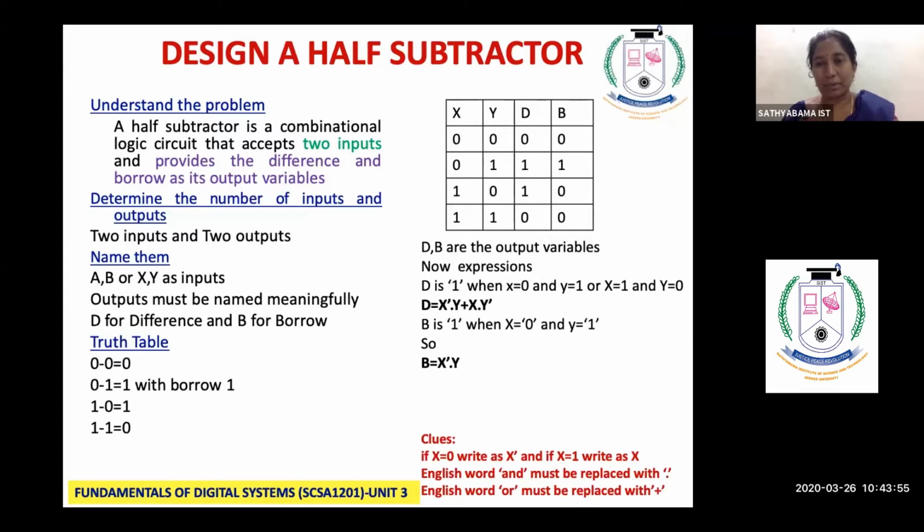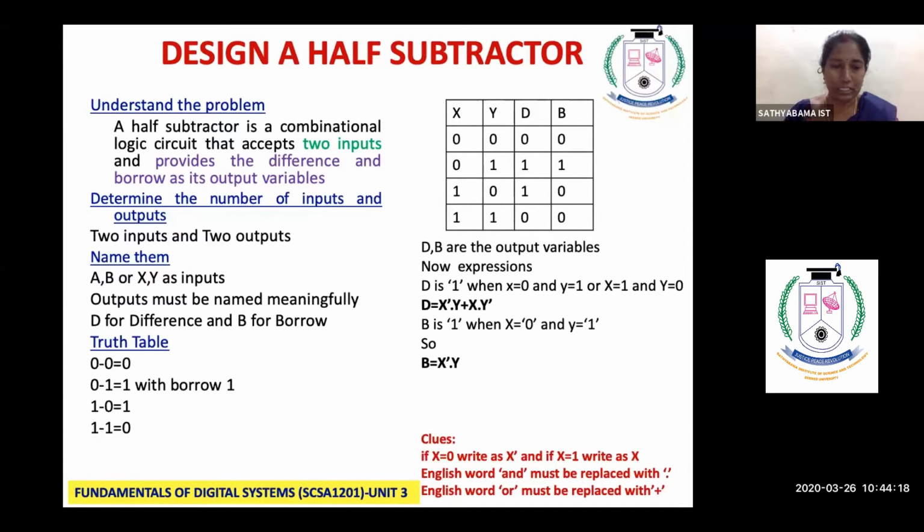Next, truth table. So in this truth table, we have to bring out the relationship. So it is subtraction. We all know the grammar for subtractor. 0 minus 0, 0. 1 minus 0, 1. 1 minus 1, 0. But 0 minus 1 is the challenge. So 0 minus 1 we cannot perform. So what we will do? We will borrow a 1.